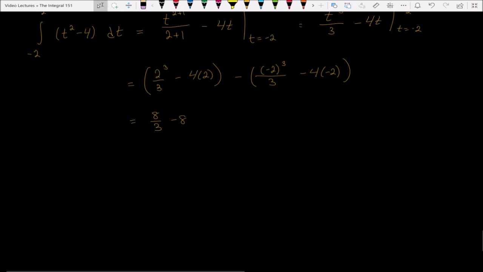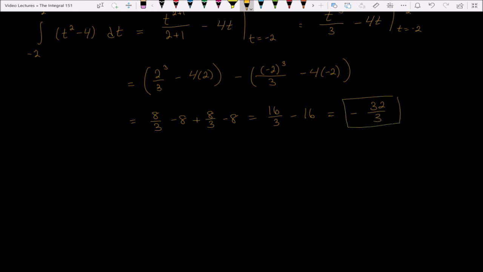This term here is negative 8 thirds. So minus negative 8 thirds becomes plus 8 thirds. Then this term here is plus 8, so it's minus that. It's 16 thirds minus 16. And that evaluates to negative 32 over 3. So this integral evaluated out to negative 32 over 3.